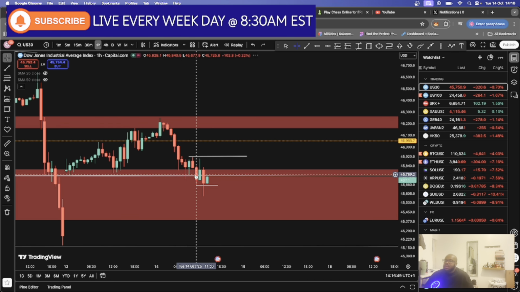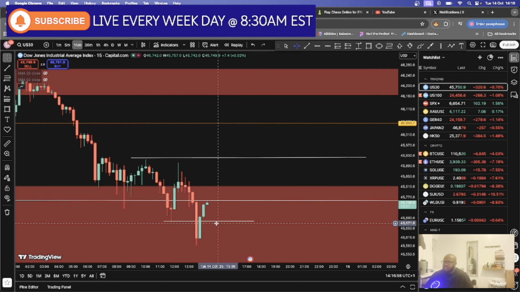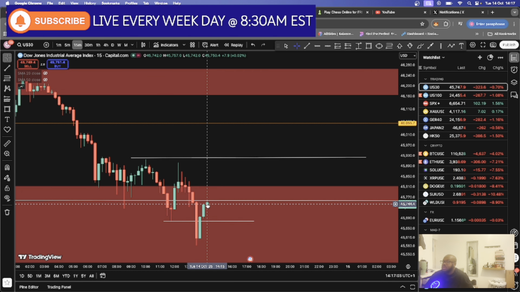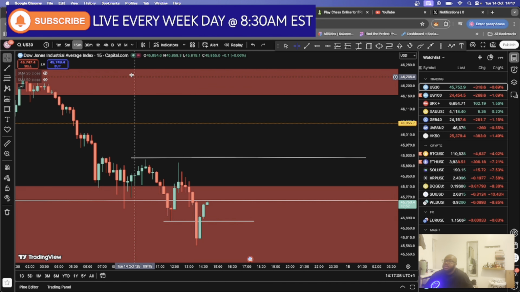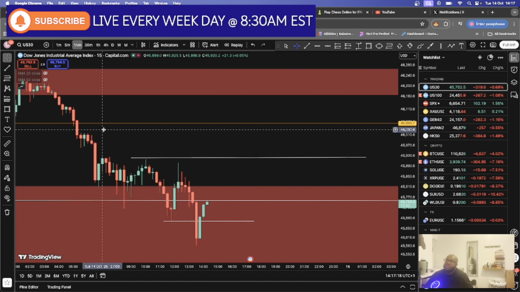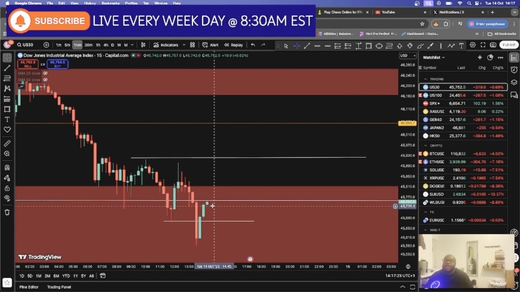So if we can get one more confluence, which is for this to rally higher into the open of the session, and if we can get this to shift structure on the next candle, we would be permitted to take a buy trade in an attempt to target this area here. And this is our London session highs. Because if we're in a downtrend, the majority of traders will be trying to short the market down. So at this current moment in time, we have opportunity to potentially look for a buy trade.